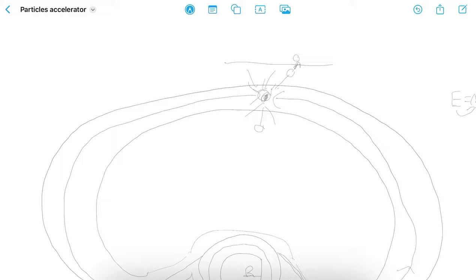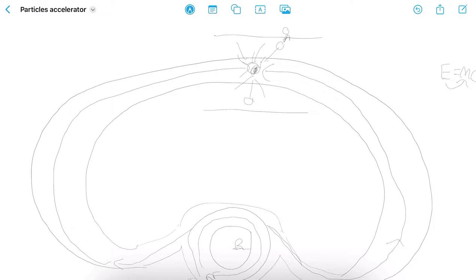And that is what is actually done in the collider: at each point of collision, there are a lot of detectors that can detect particles resulting from the collision, and the detectors can detect different types of particles.